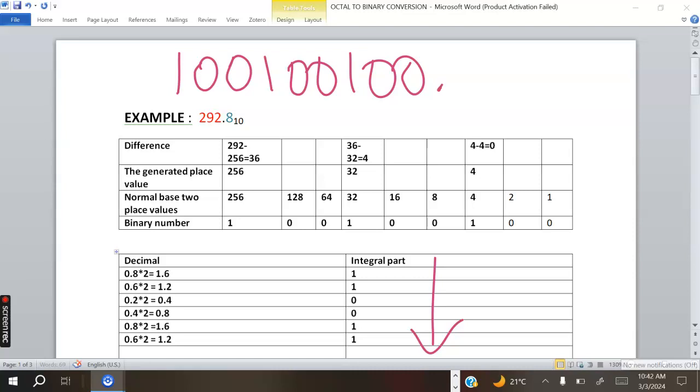Now let's move to the fractional part, and the answer will be 1 1 0 0. Then it starts to repeat itself. So it starts to repeat from this, this is supposed to be 1. So this is the point where it will start to repeat.